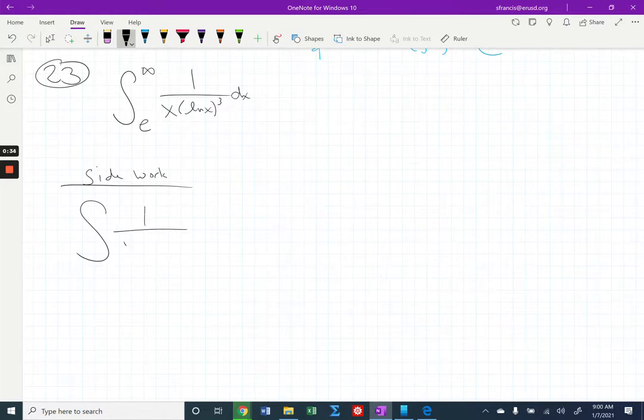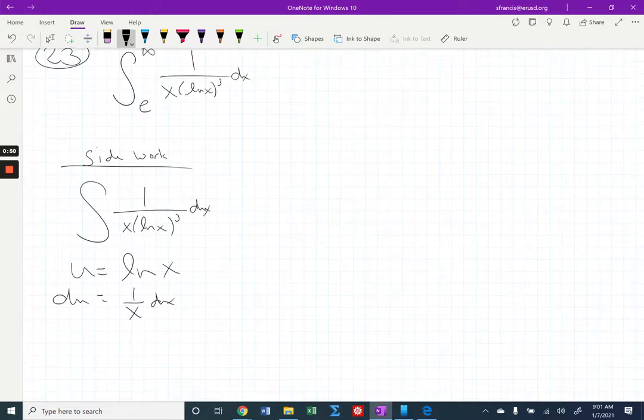For this, though, you might have trouble finding the antiderivative. And this is just a substitution problem. If you let u equal the natural log of x, then du, which is a terrible looking du, is going to be 1 over x dx. And we have that right here.